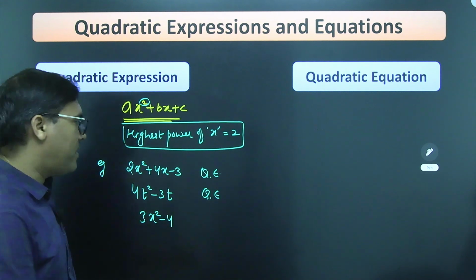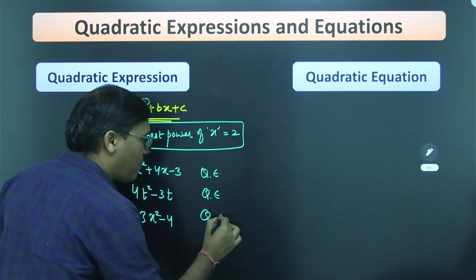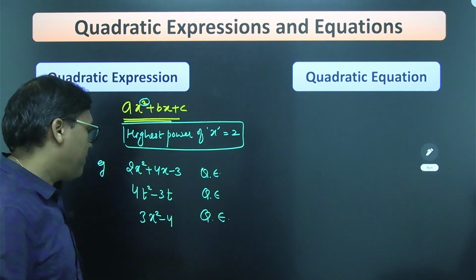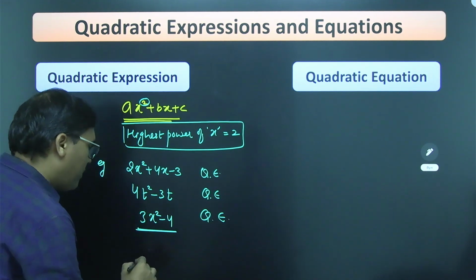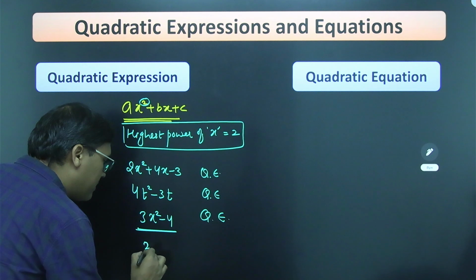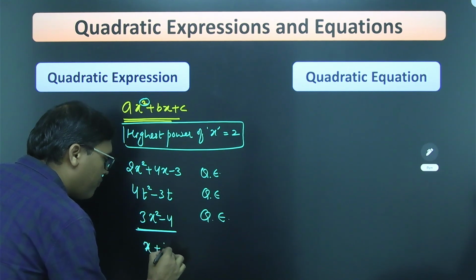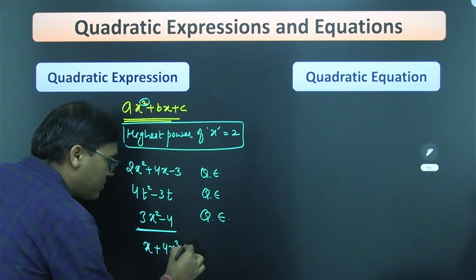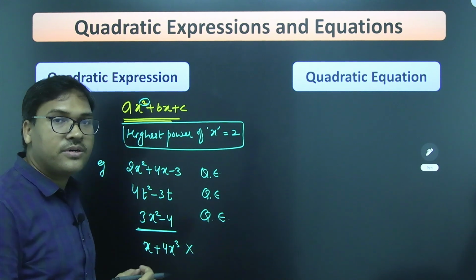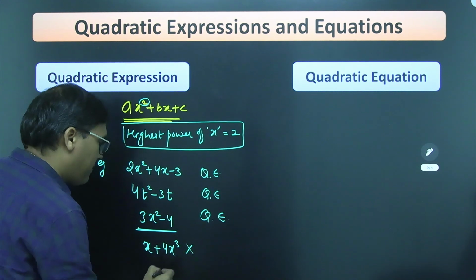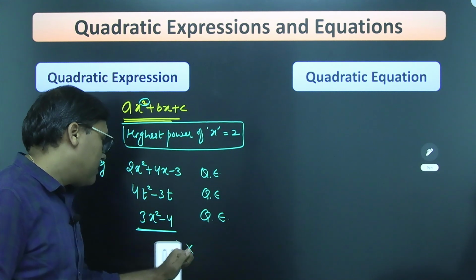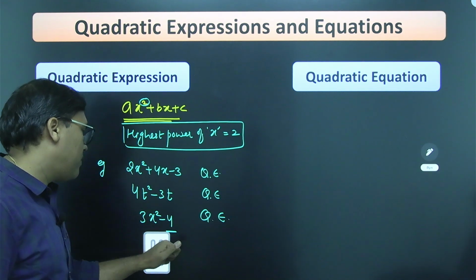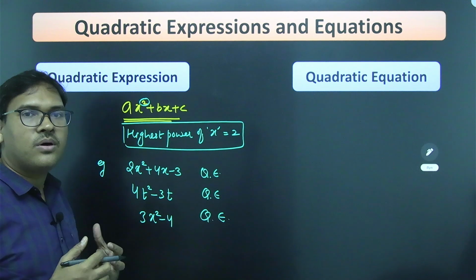This is also a quadratic expression because the highest power of variable x is equal to 2. But if you have, let's say, x plus 4x cube, this is not a quadratic expression because the highest power is 3 here. So this is not a quadratic. This is the quadratic. So you can understand what is the meaning of a quadratic expression.